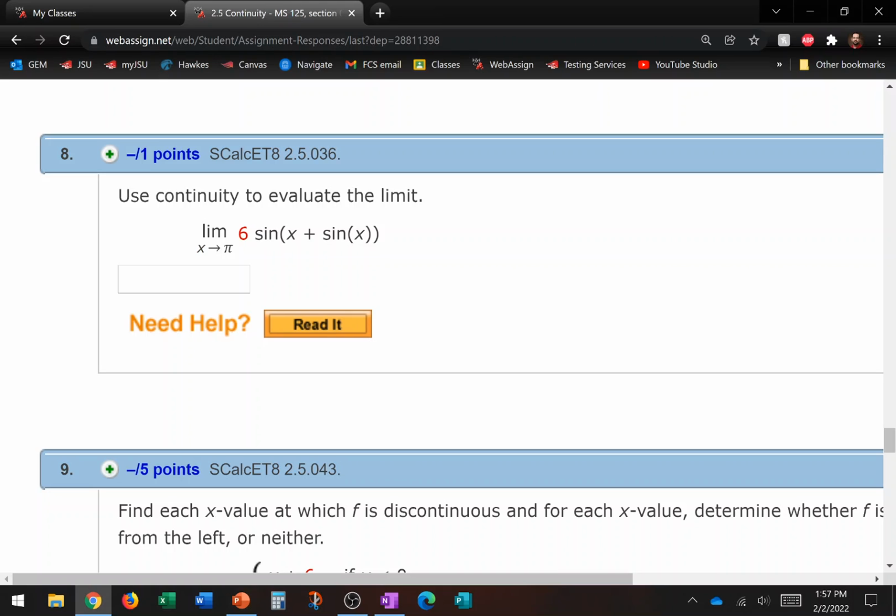And so really all we end up having to do is just plug in pi. Not as complicated as it looks because of the continuity. Continuity makes our life easier there.